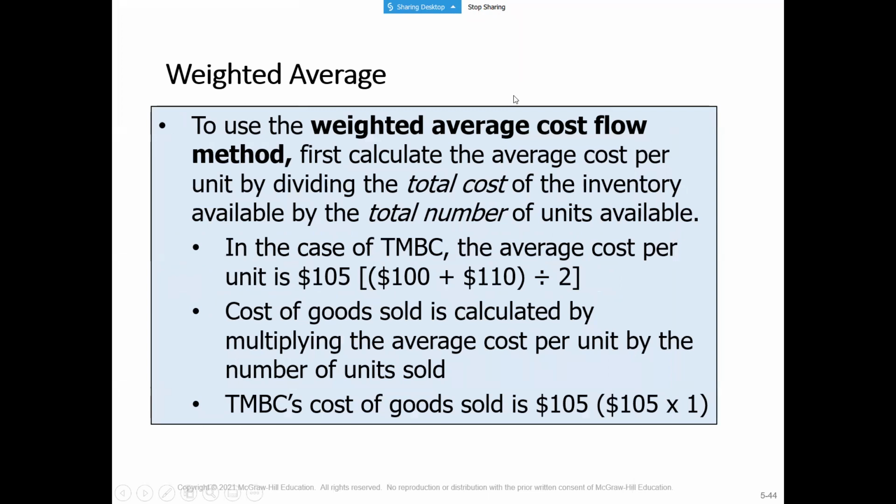So during a period of rising prices, generally your LIFO method is going to give you the highest cost of goods sold and the lowest net income. Weighted average generally falls in between. You take your total cost of inventory, divide that by your total number of units available to get cost per unit, multiply by your number of goods sold during the year.